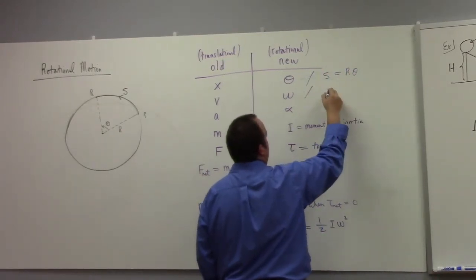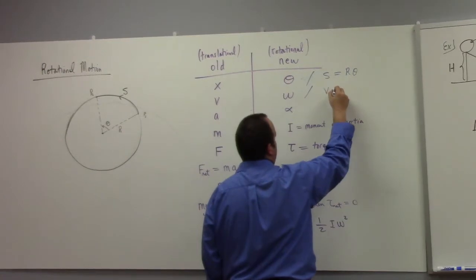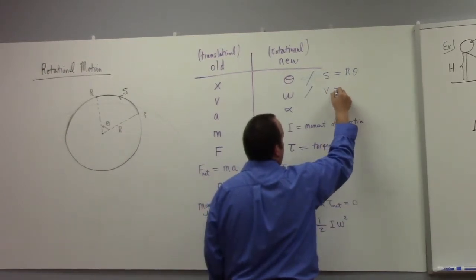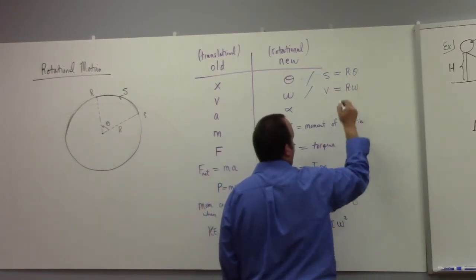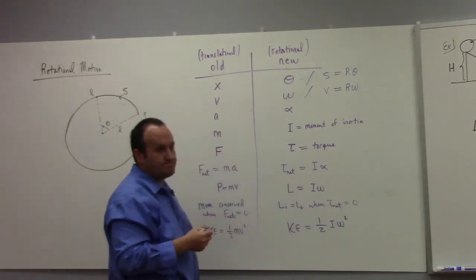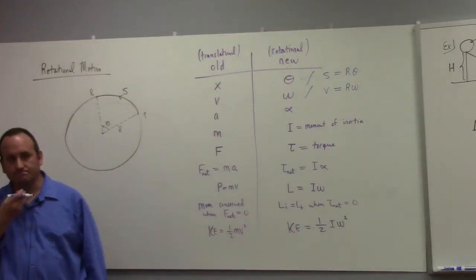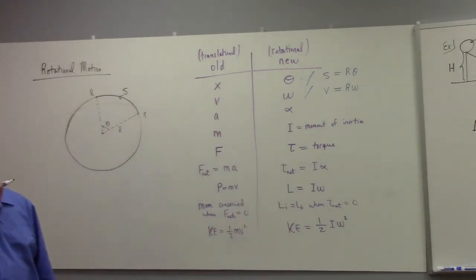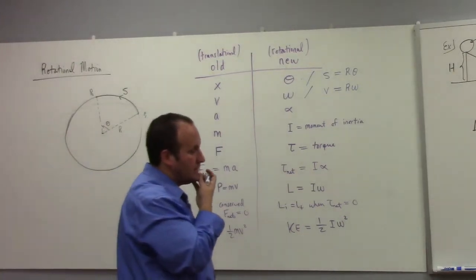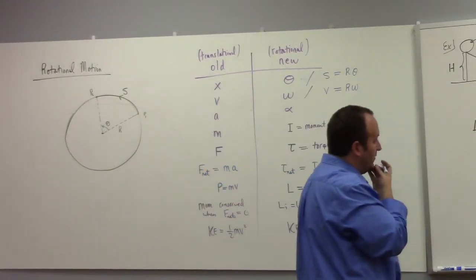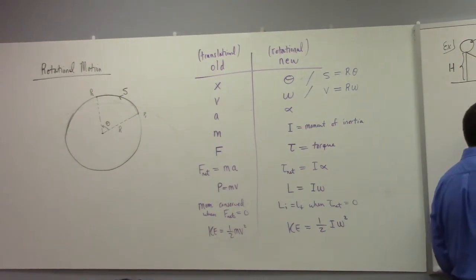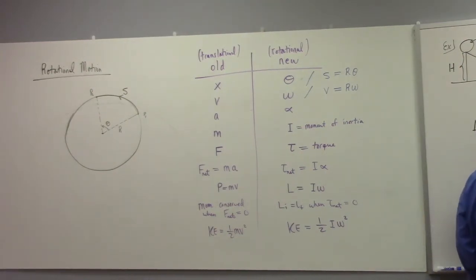But there's another one, which is that the tangential velocity, or speed, if you will, is equal to R omega. So now this is the final velocity. This is the final angular velocity, right? What am I interested in?